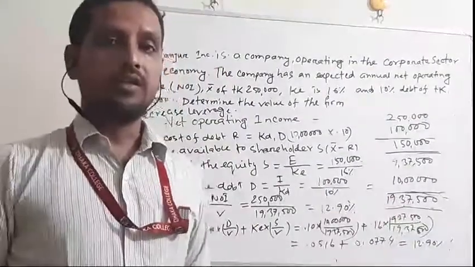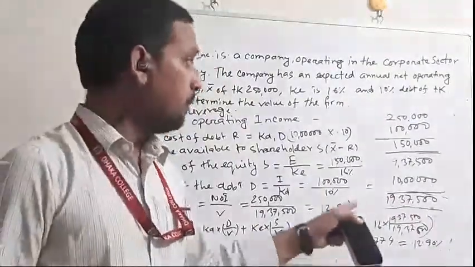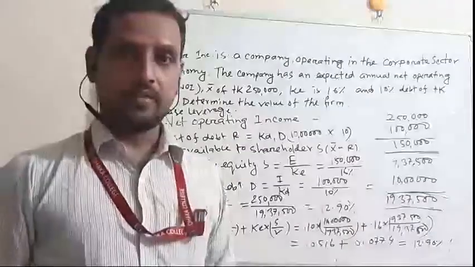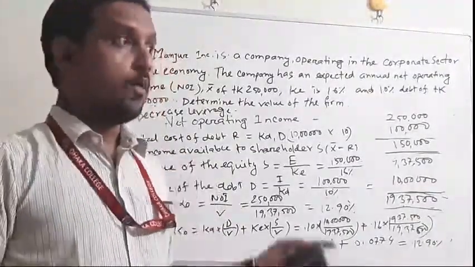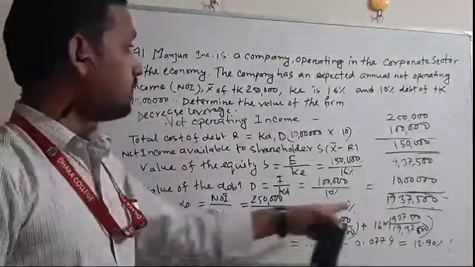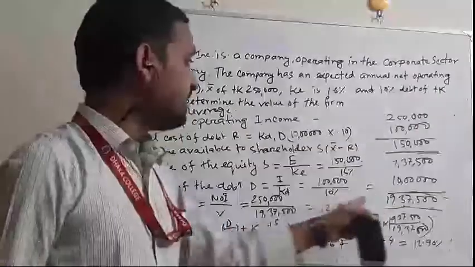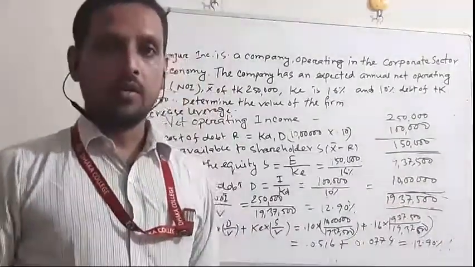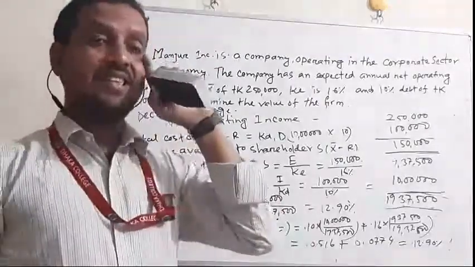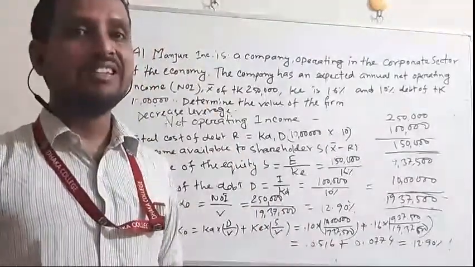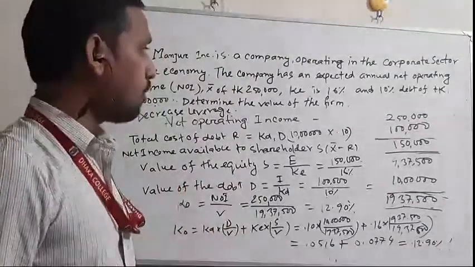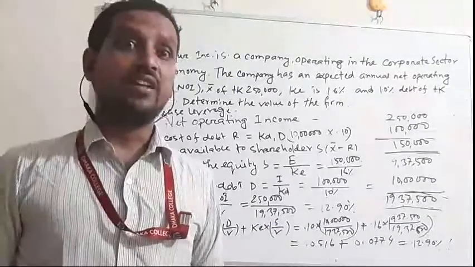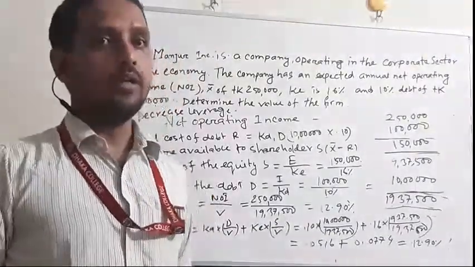The value of the firm is 19,37,500 taka, whereas the previous value was 16 lakh something. Whenever we increase the leverage, the value of the firm increases. So here we realize that if we increase the leverage in a corporation, we can increase the value of the firm and decrease the overall cost of capital.